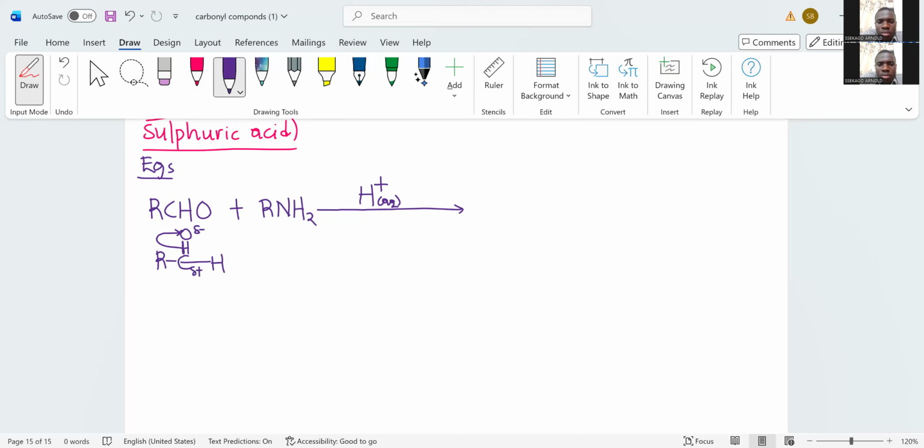The derivative of ammonia is electron rich because it is made up of a nitrogen atom that has lone pairs of electrons that can be donated to carbon, which is electron deficient. Therefore, we get R, C. This is now a single bond with oxygen. Oxygen has a negative.